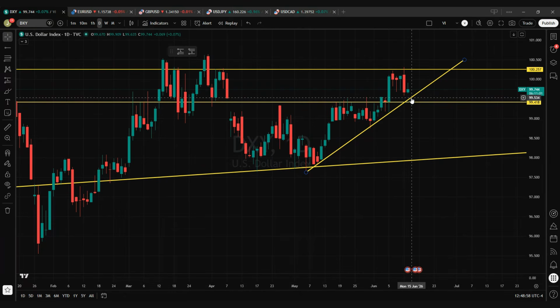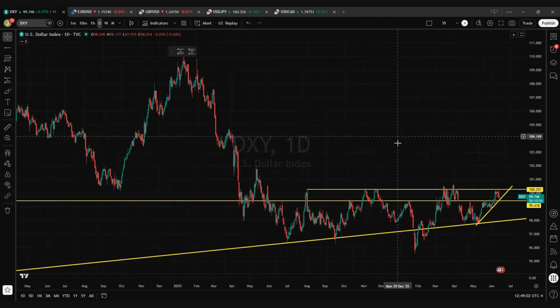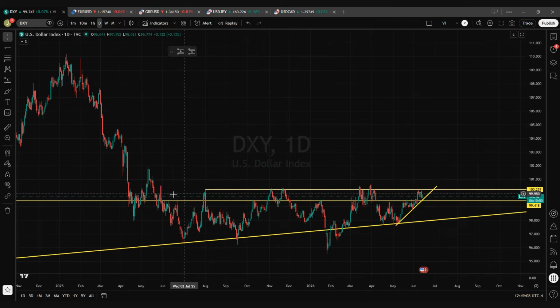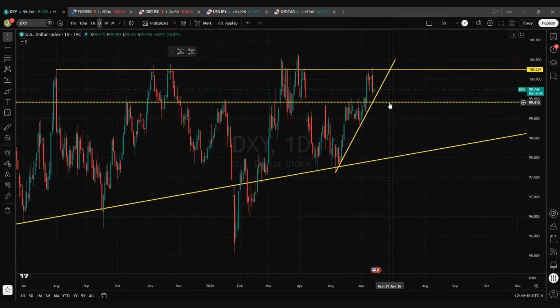If this one fails, I have this tight horizontal consolidation shelf going back to this pivot from 2022. It's got a lot of price action here, and it's 3.3% away. So I see this as a nice level for a bounce. That's $99.42.